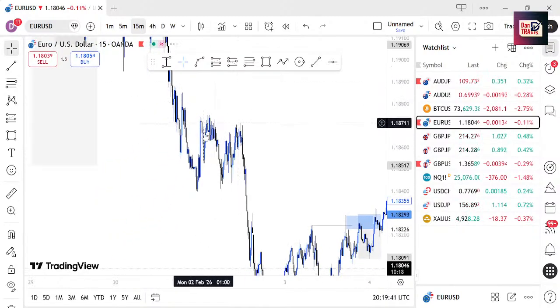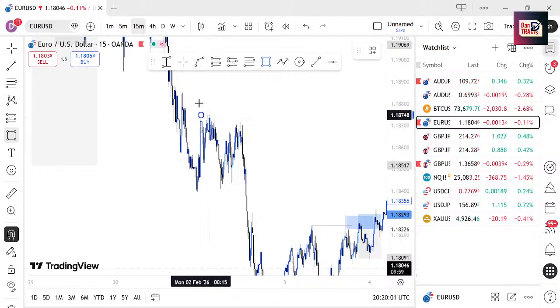Look at this area here. Price reacted to it the first time and reacted the second time. So this first one, I told you to get a perfect draw and use the Control key, which acts as a magnet.